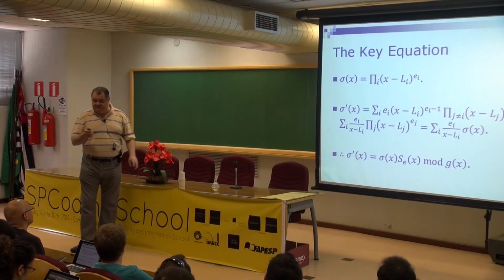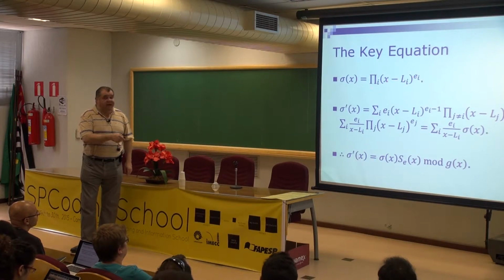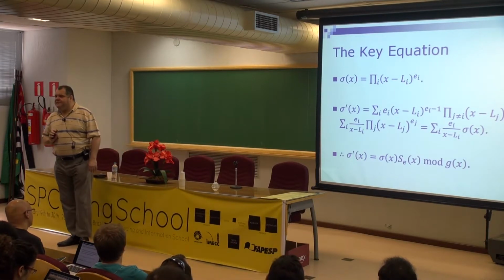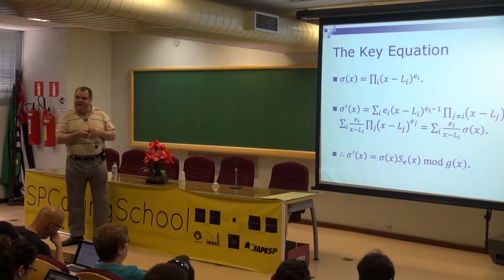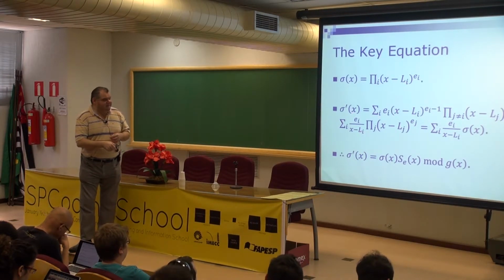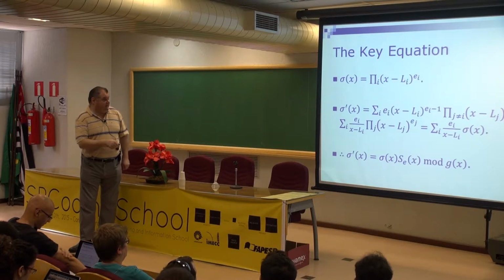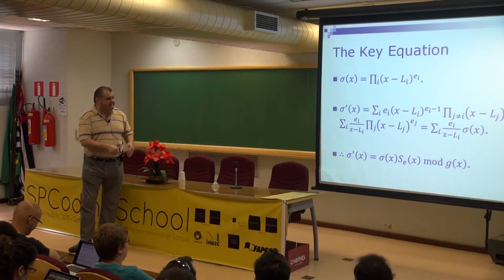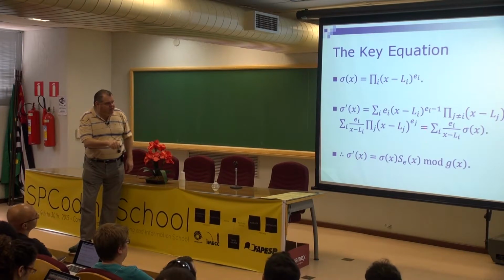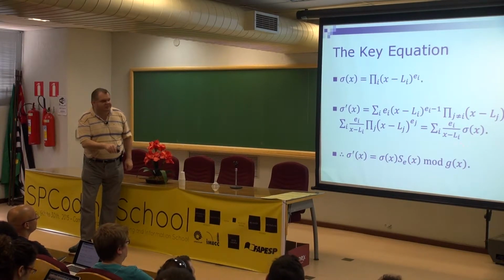It doesn't contribute. If it is 1, then we have that factor. So now let's take that polynomial and compute its formal derivative with respect to x. After some manipulation, we get this interesting expression.